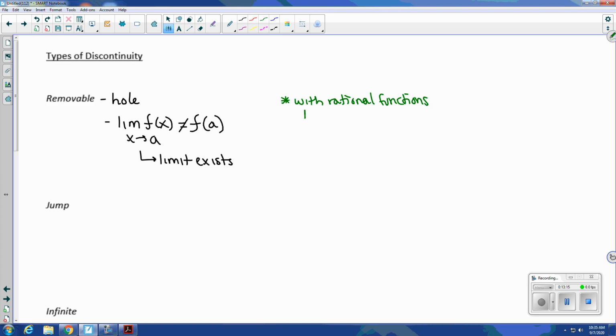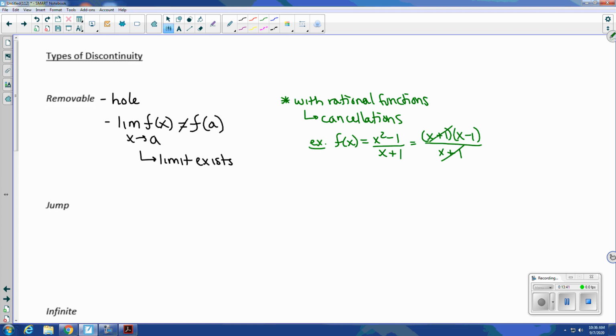We're looking for cancellations. Cancellations reveal holes. Example, let's say we have f of x equals (x squared minus 1) over (x plus 1). When we factor the top, we get this cancellation with x plus 1.